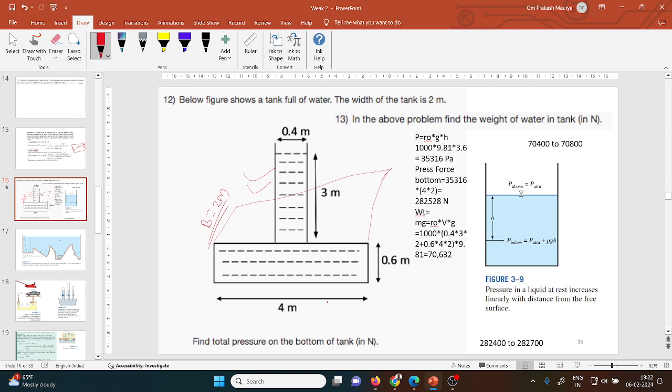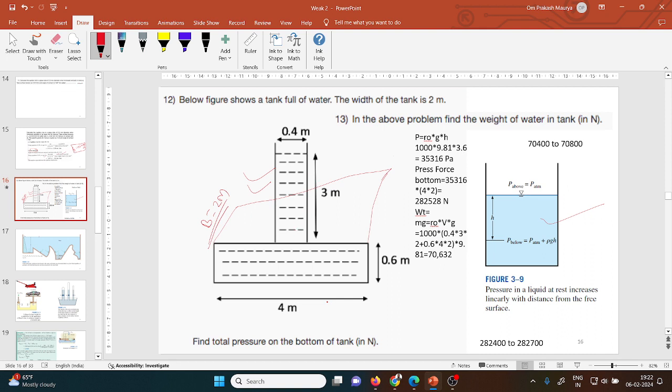So question number 12 and question number 13, just see. Question 13 is associated with the same figure. I have put this figure for your understanding, and I will tell you during the explanation. Question 13 is: in this problem, find the weight of water in the tank.